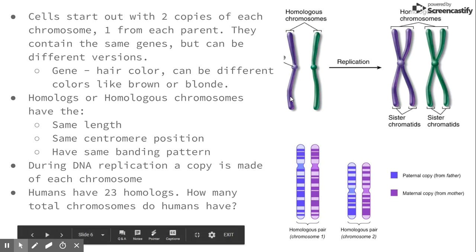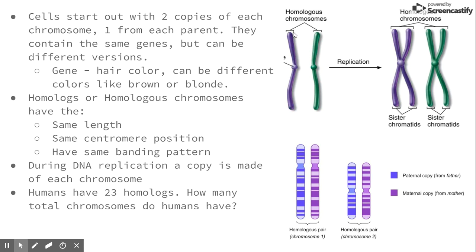Now, where did we get these pairs? Well, each parent donates one copy of each chromosome. So we got one version of our chromosomes from our mom and one chromosome of each type, each pair, from our dad.